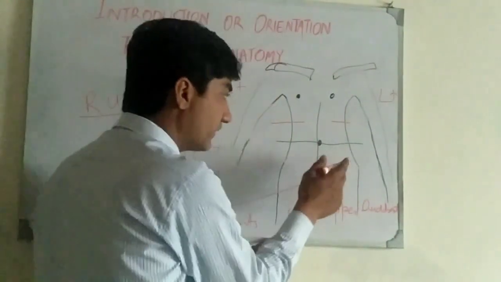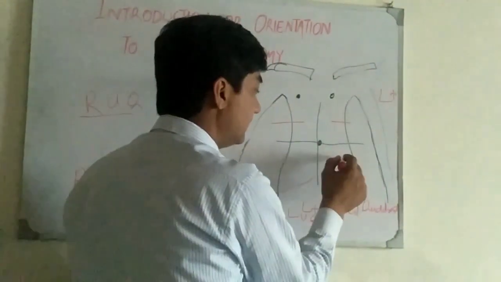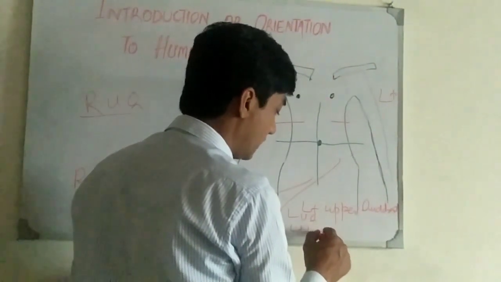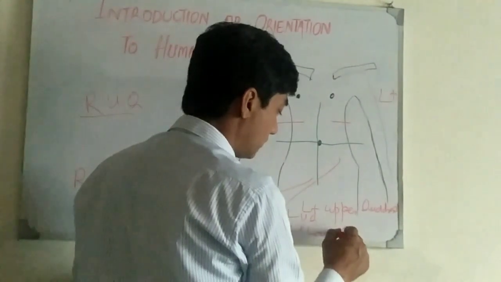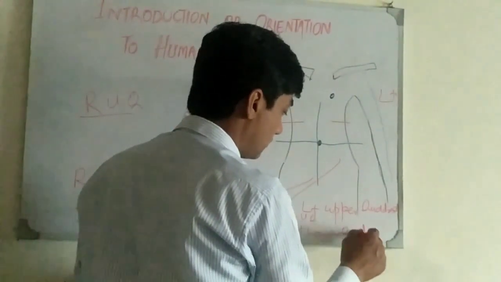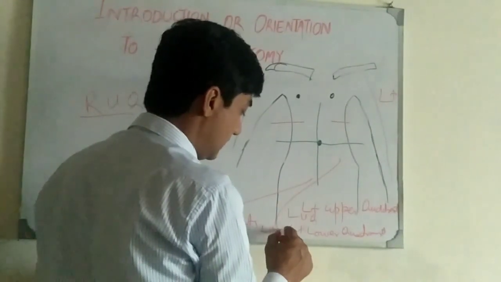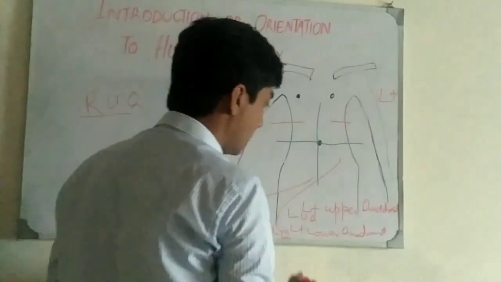And at the lower side and left side, this quadrant is called left lower quadrant. Simply we denote it LLQ.